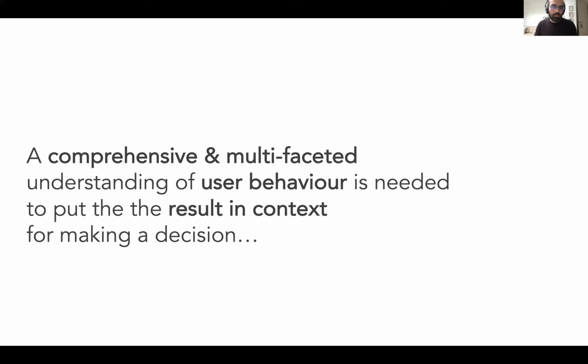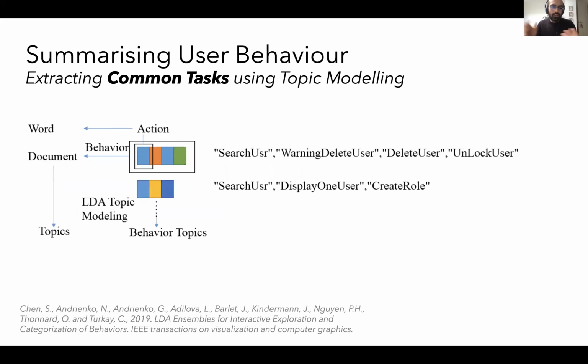So we thought that we could support this process through visualization, by giving this multifaceted, more comprehensive understanding of user behavior, and then put that recommendation in context. Of course, this data was complex and big, and visualization alone was not sufficient.